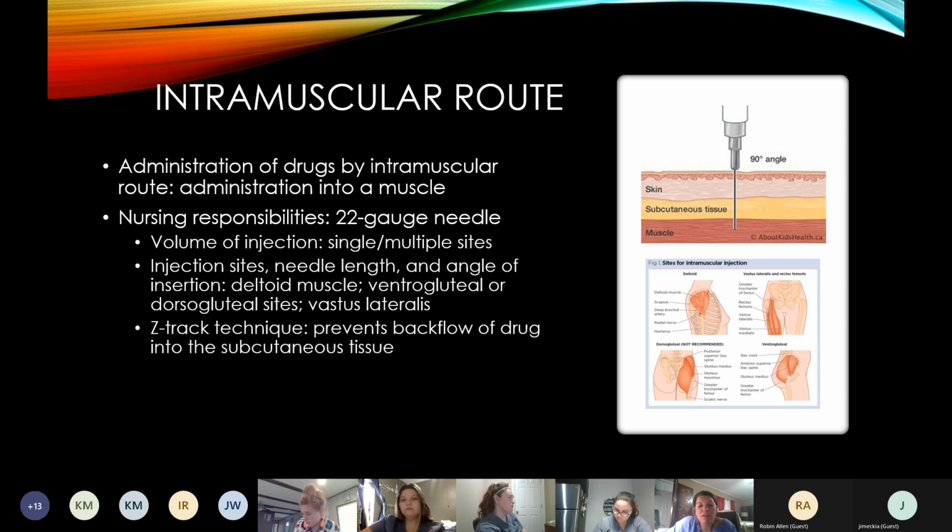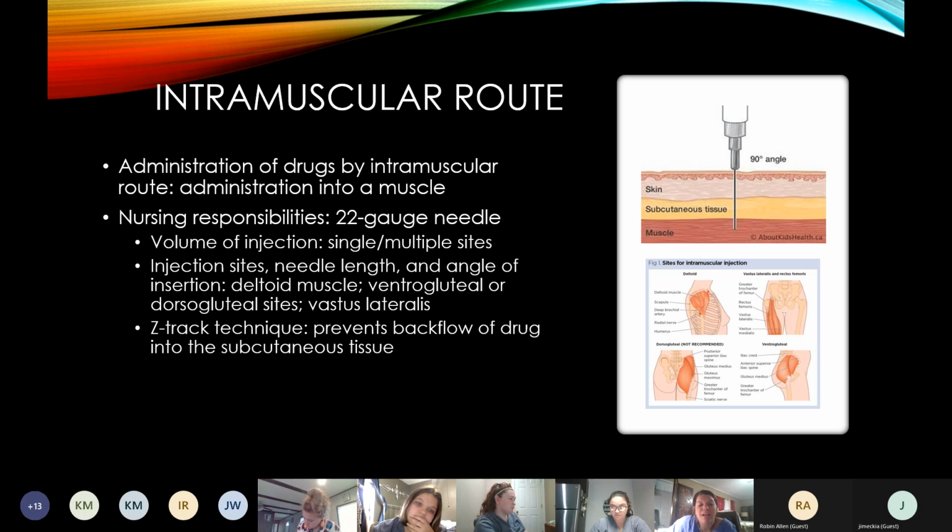So remember I told y'all, if y'all can reason, we know the larger the gauge, the smaller the needle, right? So if we're going into the fat, we don't need something quite as strong and as large as if we're going into the muscle. Y'all understand that? So an intramuscular is going to require a little bit larger gauge needle to get through that muscle. Injection sites.